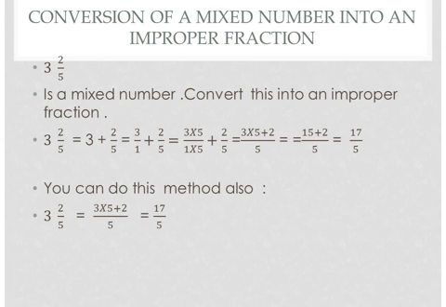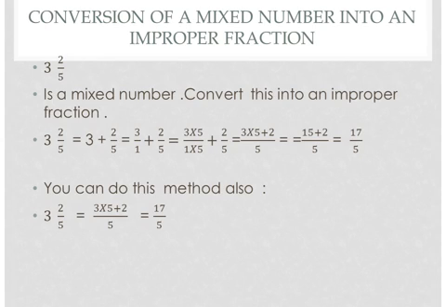So you multiply 1 by 5 and 3 by 5 also. So you write 3 multiplied by 5 upon 1 multiplied by 5 plus 2/5. So 3 5s are 15.